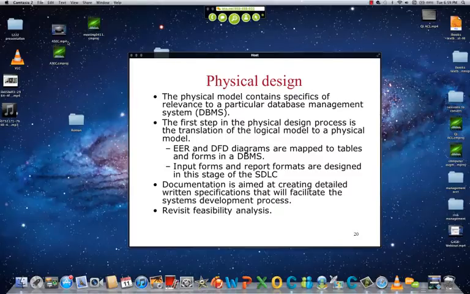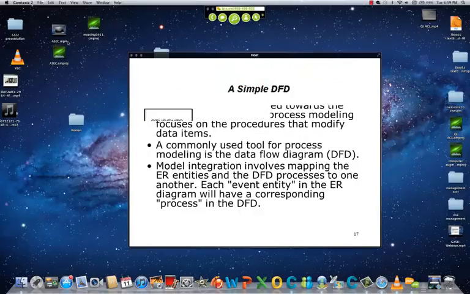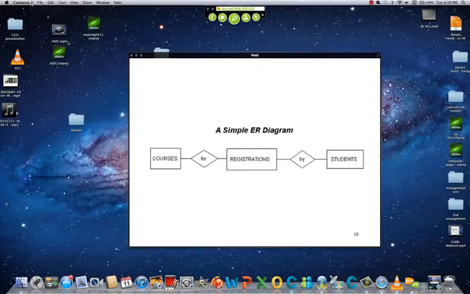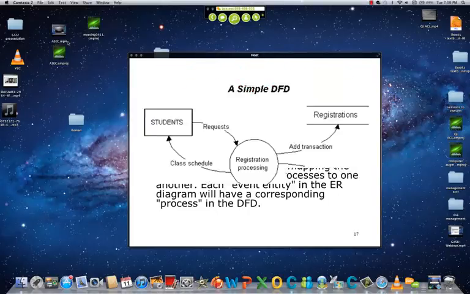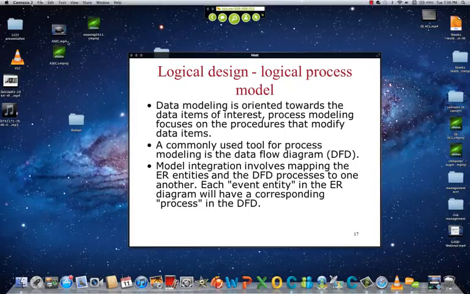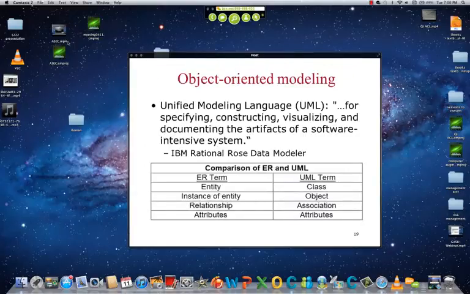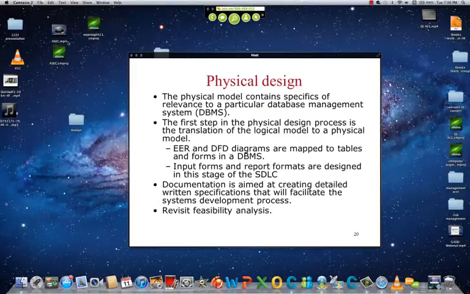So the idea is to take DFDs and to take ERs and convert them into tables, into forms. Last time there was an example of a form, right? Screenshot. We'll talk about forms more later. Into queries and so on. So in your course project, you will have to do this physical design. So you'll do both. And we'll discuss physical design again in more detail.